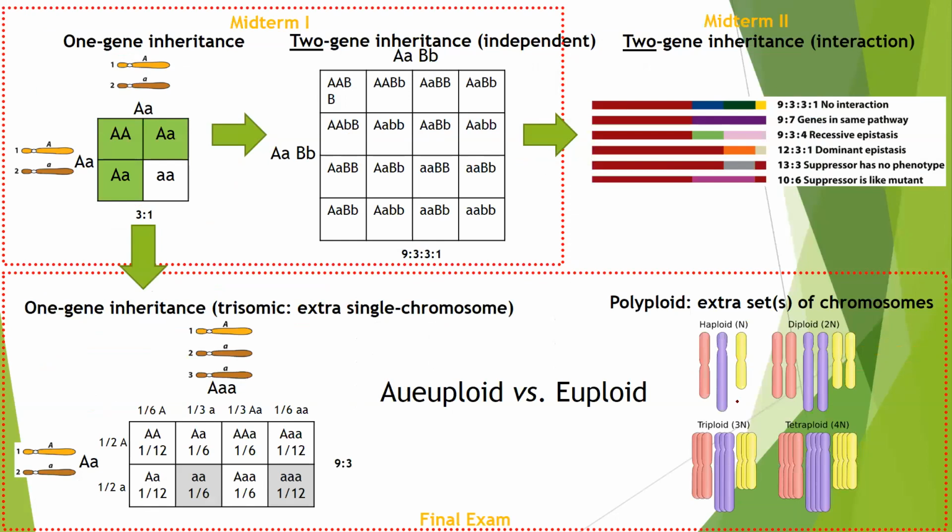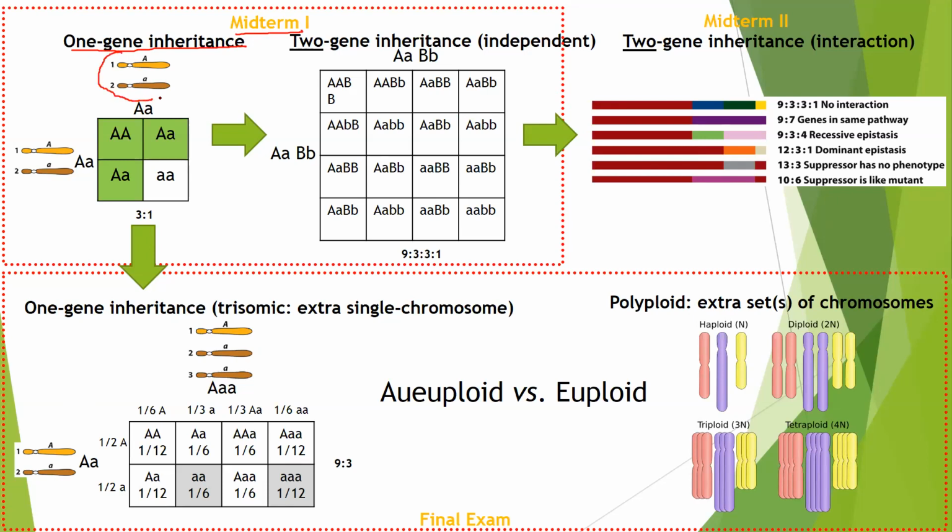Okay, so this gives us a summary. I try to link everything we have learned so far together. Before midterm one, we learned just one gene inheritance pattern. So this is a standard way, right? We talk about the diploid organism.